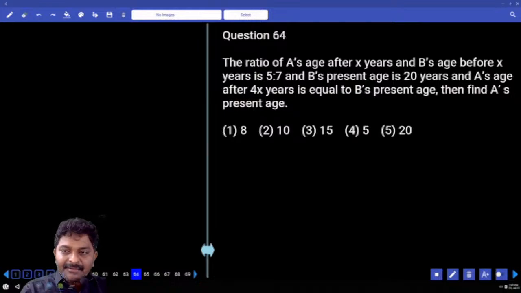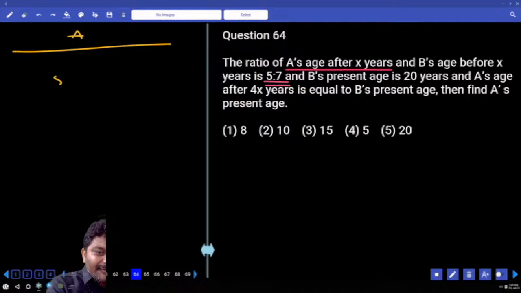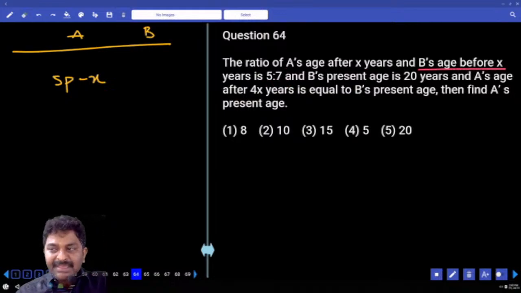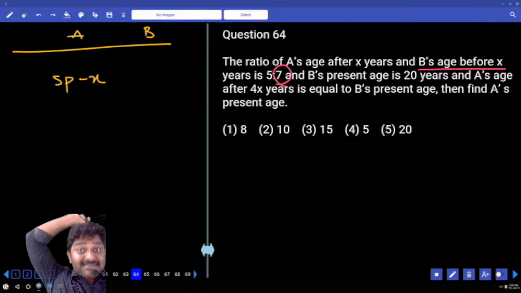Let's see. 5:7. 5 parts is A's age, right? After X years, 5 parts. Then A's present age is 5 parts minus X. Now at the same time, B's age X years back was 7 parts.